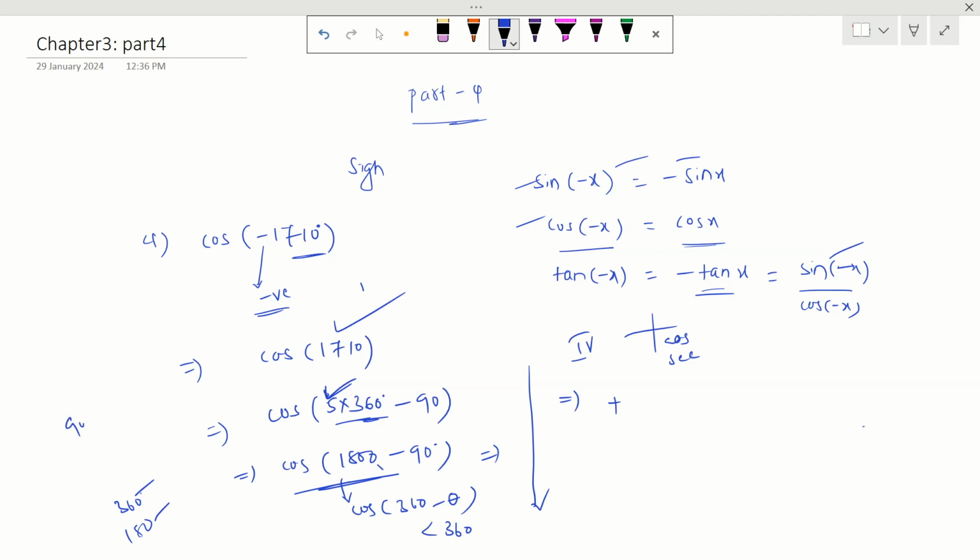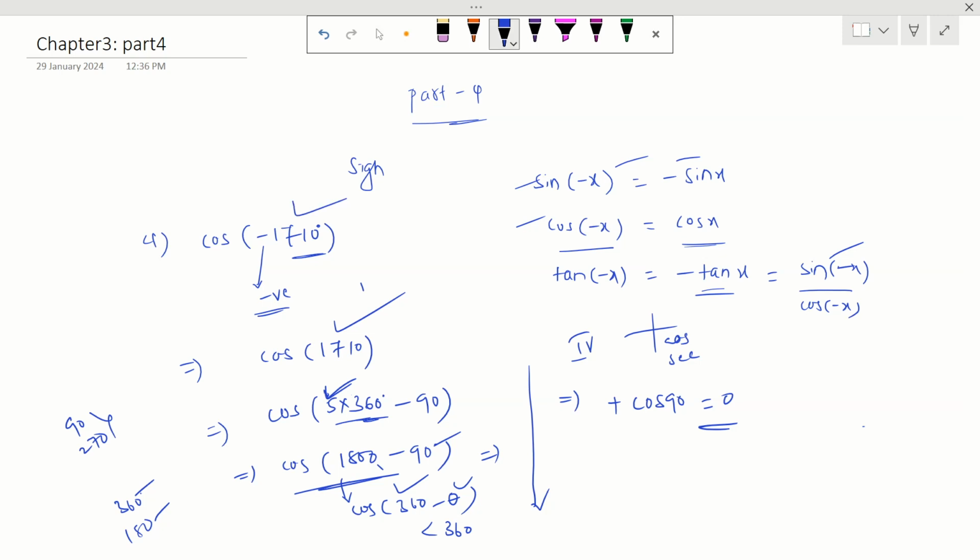But in the case of 90 and 270, it will convert: sine will be converted into cos, and cos will be converted into sine. Here 360 is there, so cos remains cos. Here theta is 90 degrees, so cos 90 is 0. By this also we can solve the problems. Just remember this.